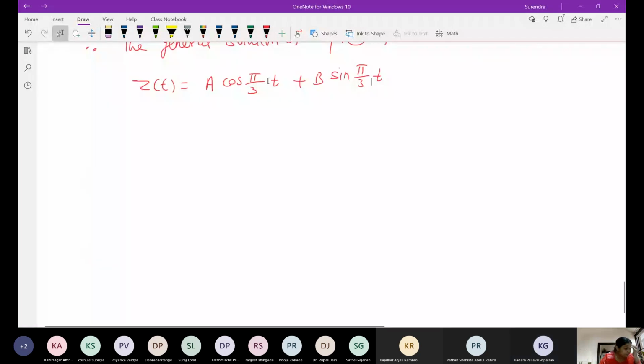Now I want y of t. So what is y of t? This implies y of t is nothing but log of z of t, no? Sorry, z of t is nothing but log of y of t.